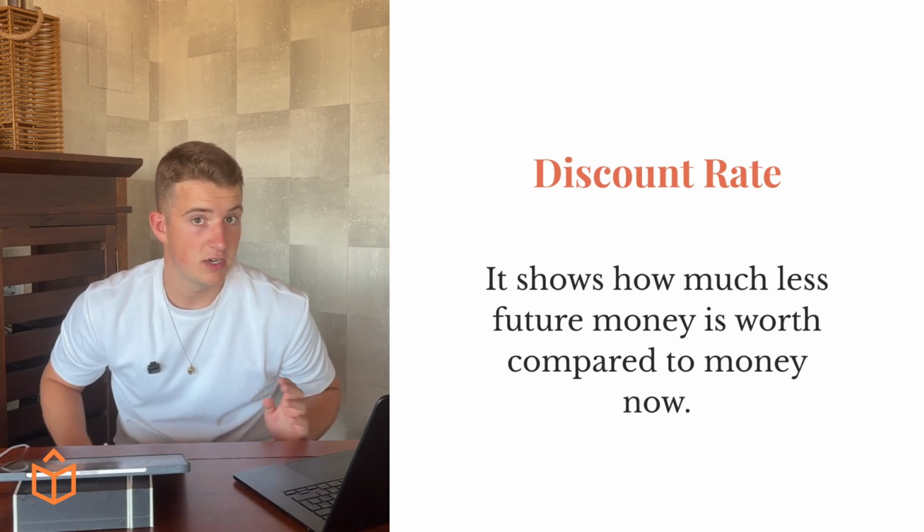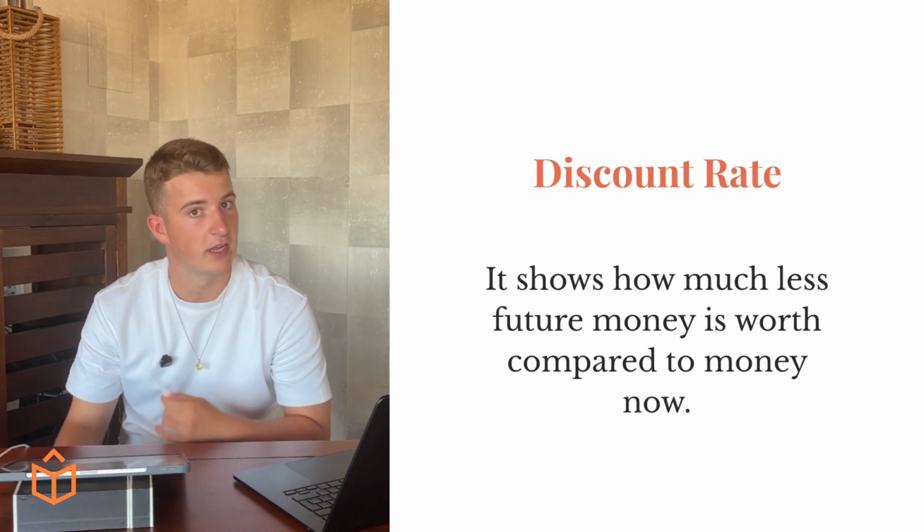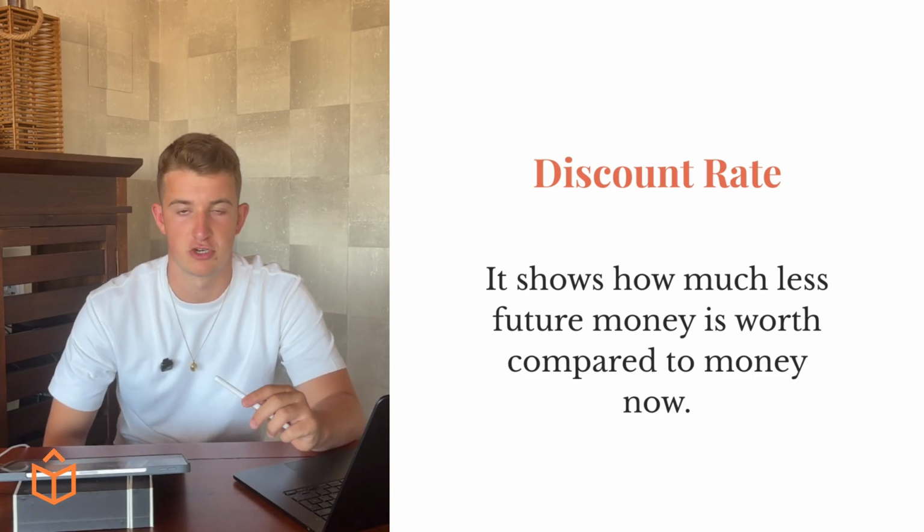So we know our money is worth less in the future, and businesses must account for this. We rather receive our money now than in the future. So to account for this difference in value of the money, we use discount rates. Each business uses one depending on the economic circumstances that you don't need to know much about.